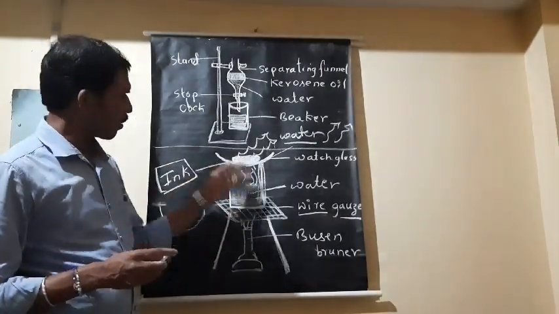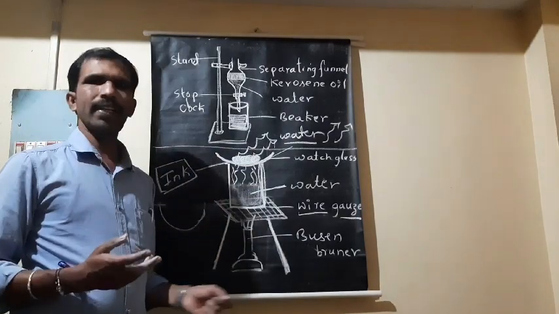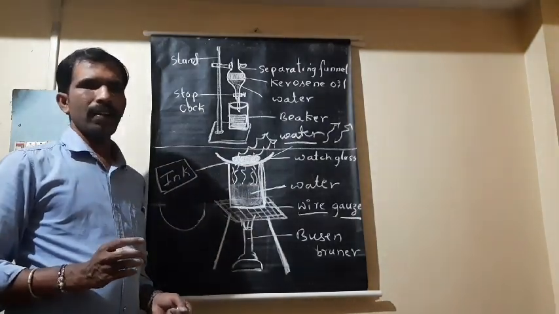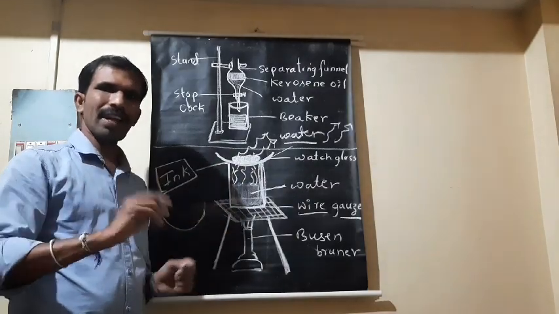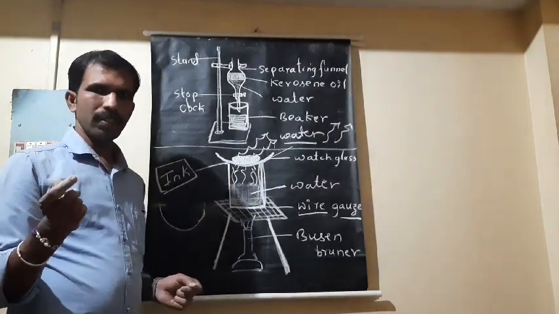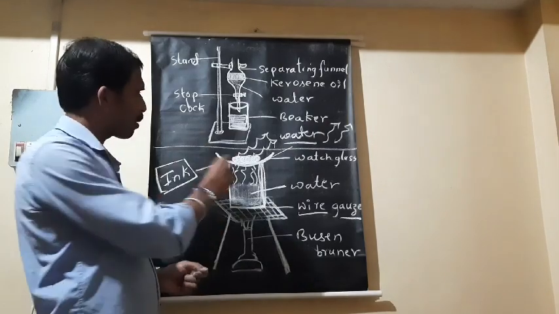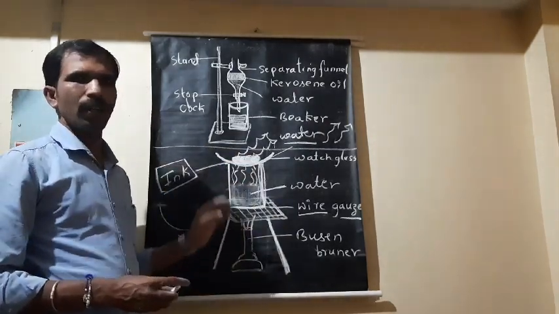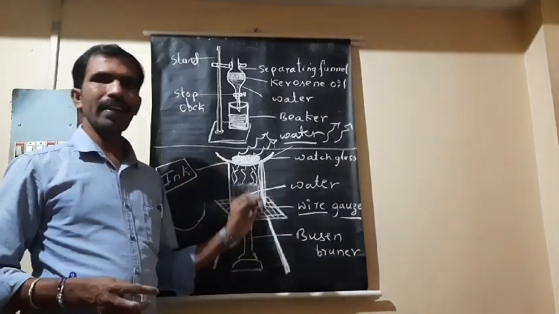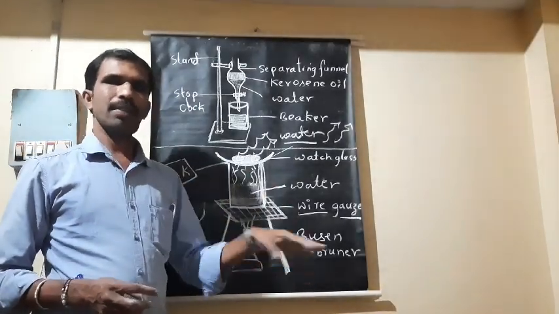If you heat the mixture directly, the components of the color in the ink can decompose. That's why this method of evaporation is used here, to avoid the decomposition of the color present in the ink.